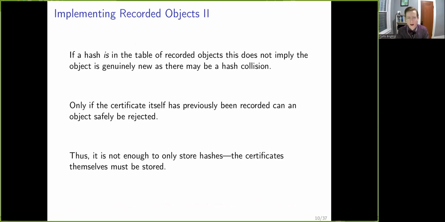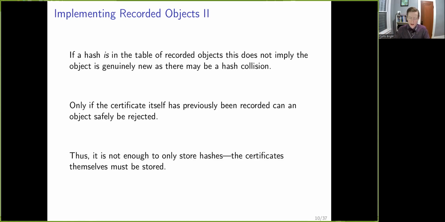That's not totally sound, because maybe there was a hash collision. If you only compare the hash of the new object, then you can't make the assumption that this thing has definitely been seen before. So in the case where the hashes match, you actually have to go to the exact certificates and compare them to make sure they are identical in order to reject the object, because you might have had a hash collision otherwise.